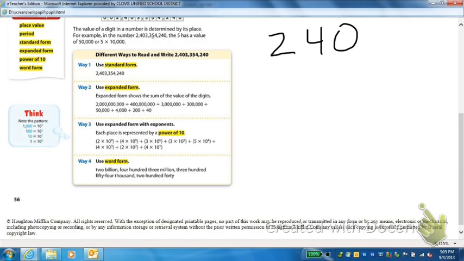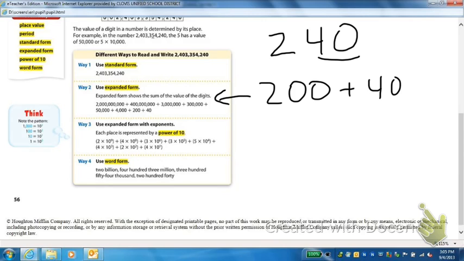To make it expanded form, we take the 200 plus 40. This is expanded form.